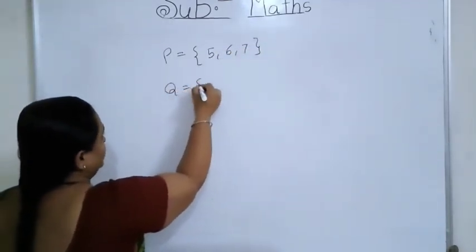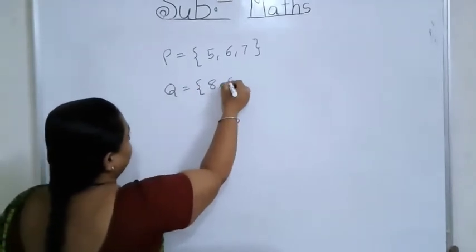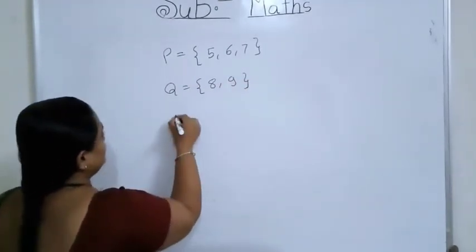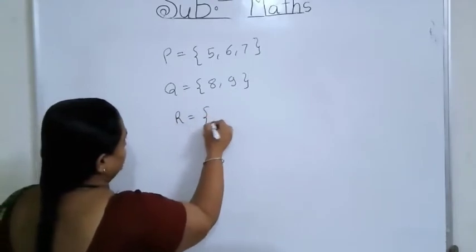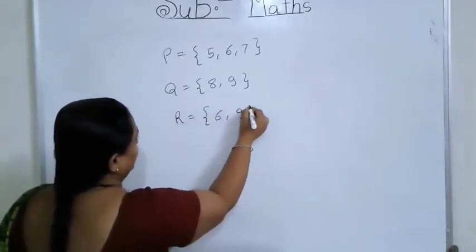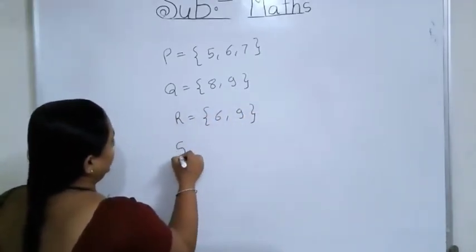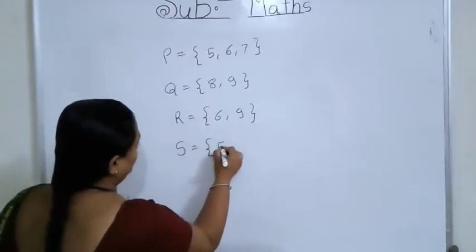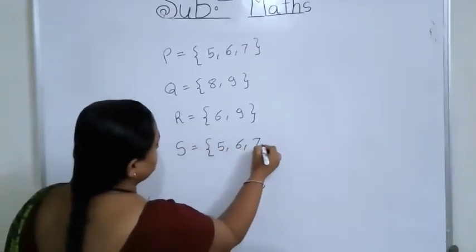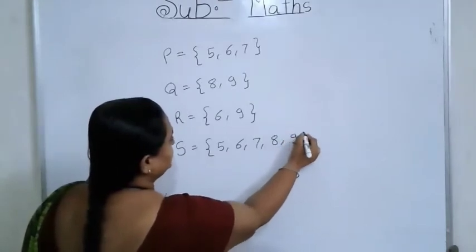Q is the set of 8 and 9. R is the set of 6 and 9. S is the set of 5, 6, 7, 8, 9.